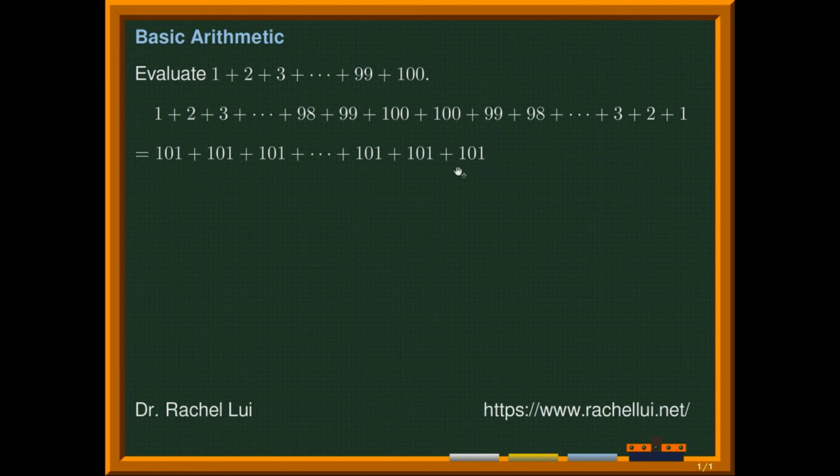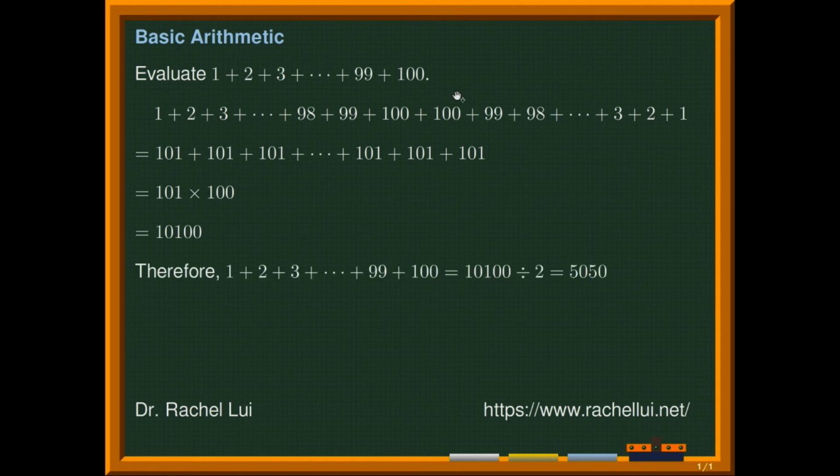So how many 101 are here? There are 100, because there are 100 terms, right? So the answer is 10,100. But at the beginning, we only asked for one set from 1 to 100. So the answer to the original question is 5050.